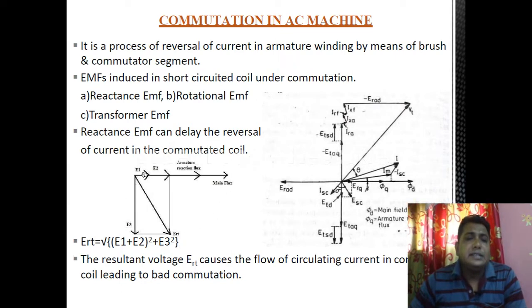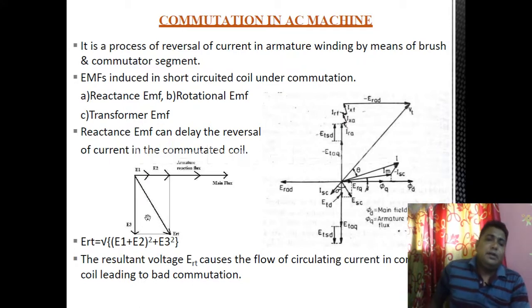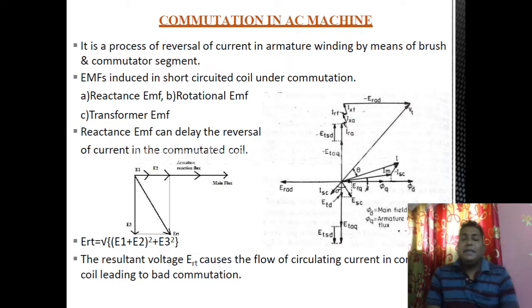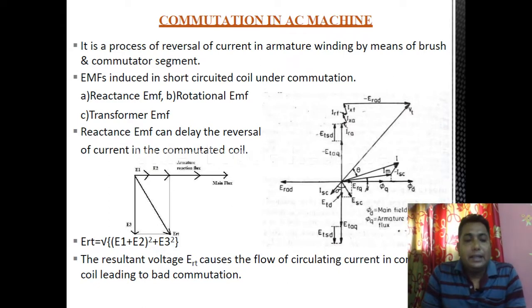The resultant EMF is given by E resultant equals the square root of (E1 plus E2) squared plus E3 squared. This is the phasor diagram that we have discussed. The resultant voltage causes the flow of a circulating current in the commutated coil, leading to bad commutation.